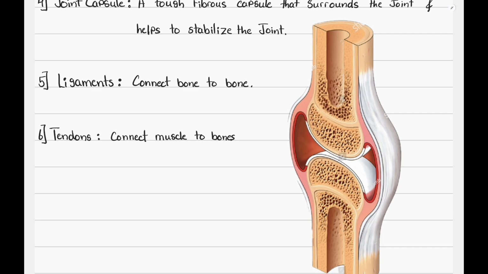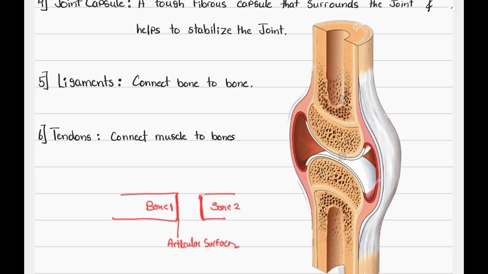The articular cartilage is named so because it is lying over the surface of articulating bones. So basically, if these two were bone number 1 and bone number 2, and if these were the surfaces that were going to come in contact with each other, these surfaces are called articular surfaces that are going to articulate with each other.